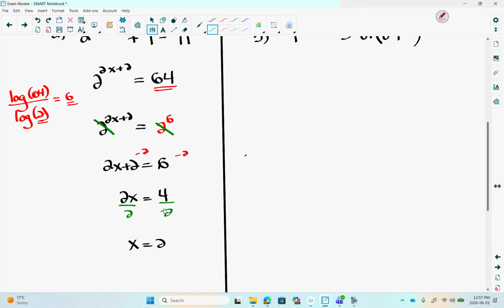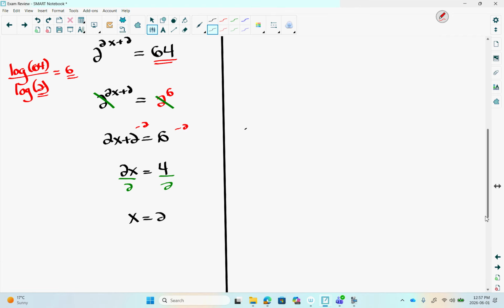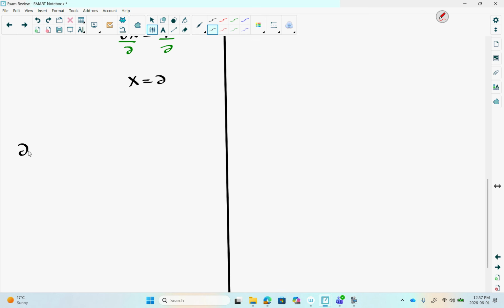What should I do at this point? I should test that answer. So I go back to the original question, and I'm going to fill 2 in for x. If I fill a 2 in there, 2 2s are 4. 4 plus 2 is 6.